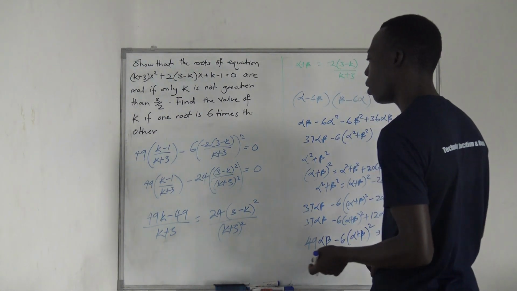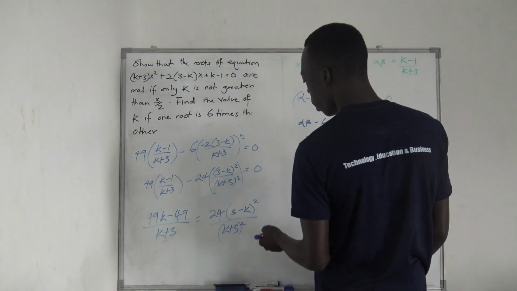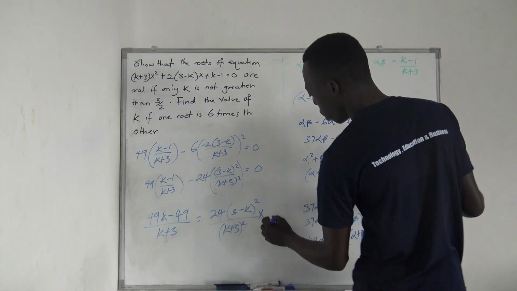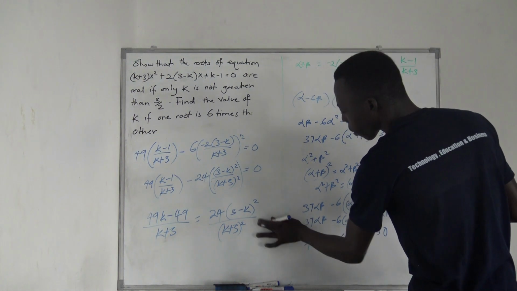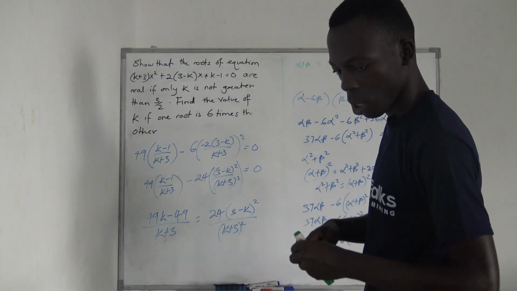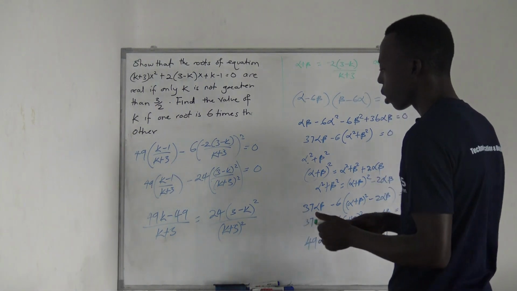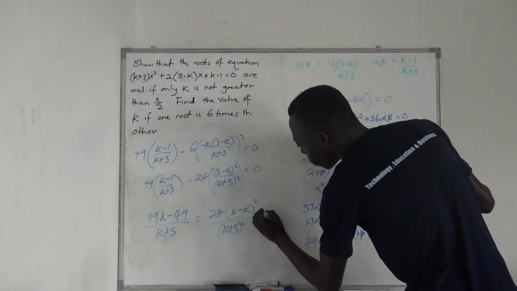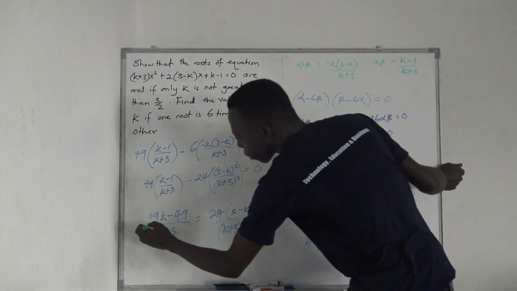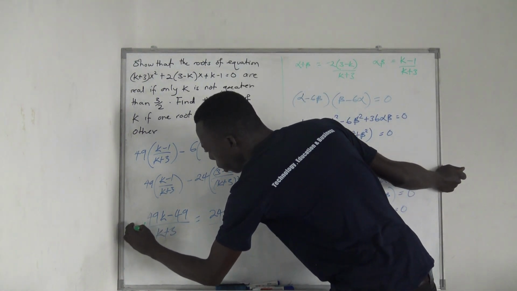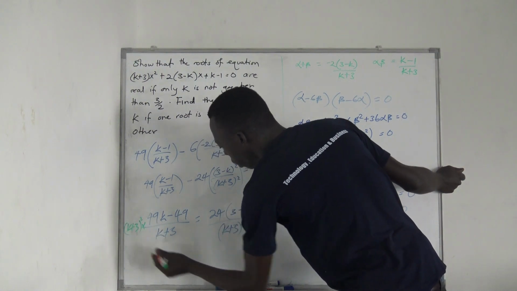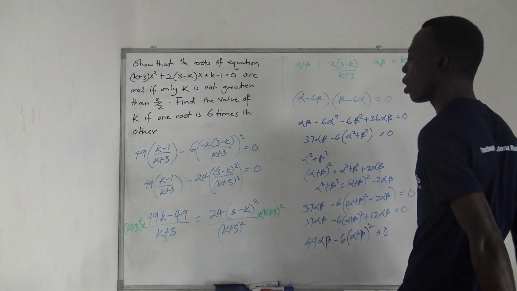So when we multiply this one by k plus 3 squared, even this side times k plus 3 squared, we find that this one will go away.